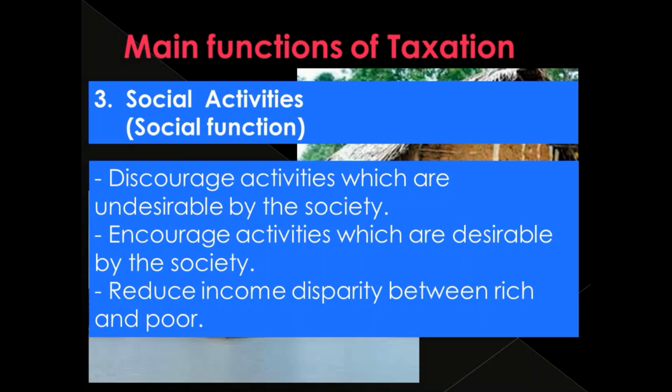And there can be some activities which are going to be rejected by the society. Such activities we can discourage by increasing the tax rates. And there are some other activities in society which should definitely be encouraged, such as education and religious activity. So for them we can reduce the tax rate and we can give some additional concessions and benefits as well.